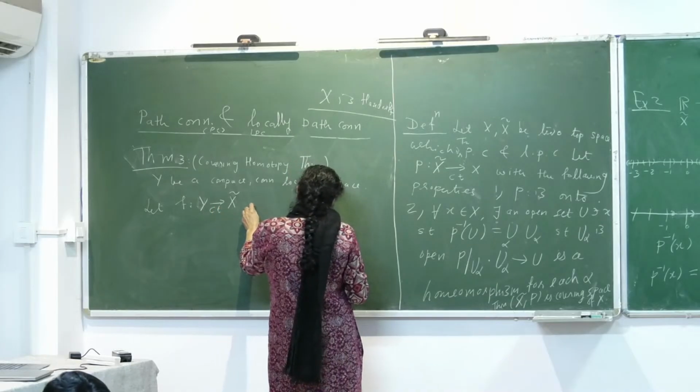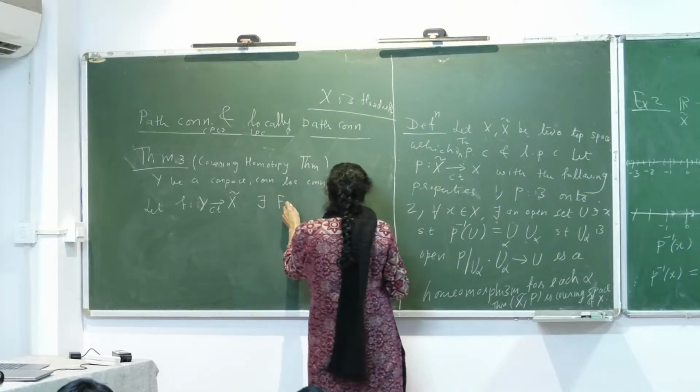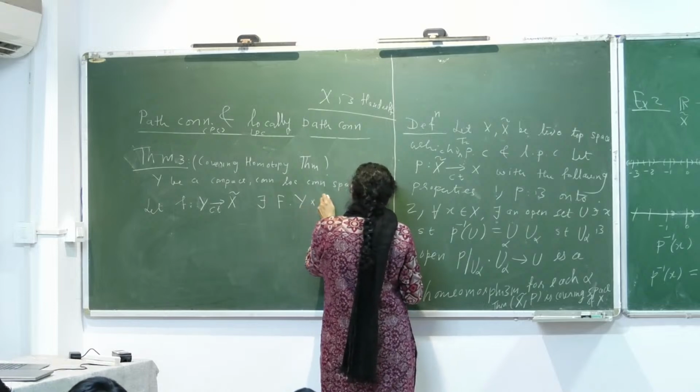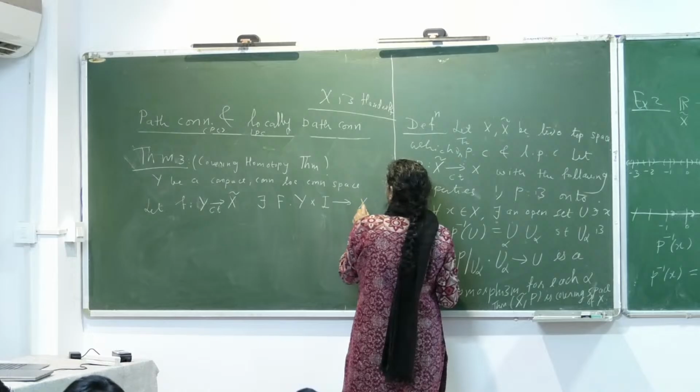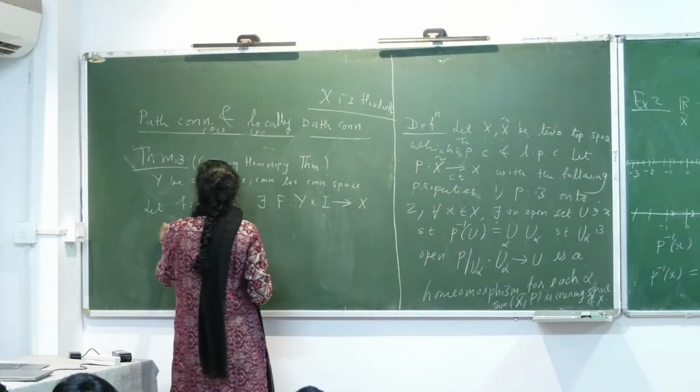And now there exists a homotopy F from Y cross I to X, the usual homotopy, which could be a path homotopy or not.